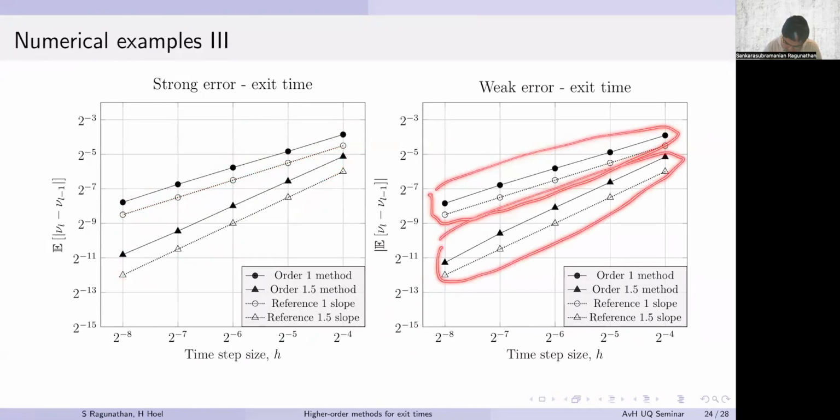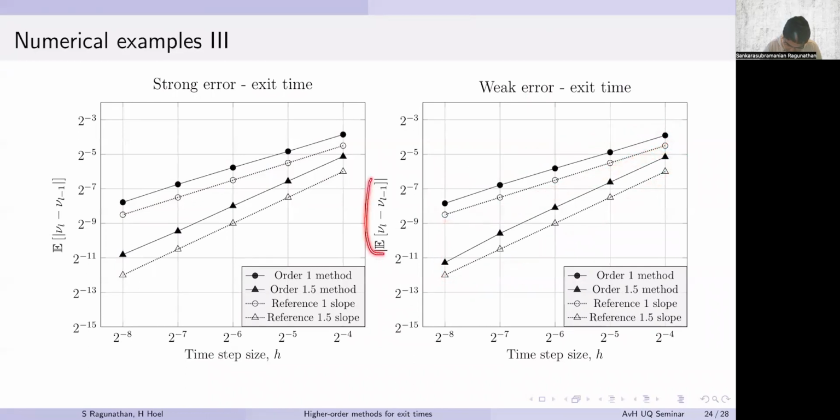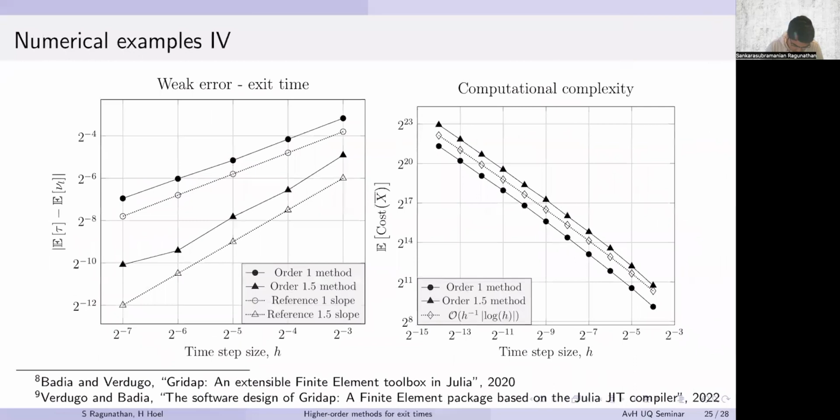In this case, the weak error is computed as the terminology given here. We will also see that this corresponds with the weak error that you compute from the exact reference solution as well. So you get a slope which is very similar to what you would expect from the previous plot.